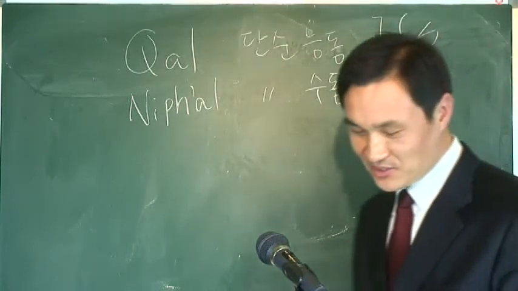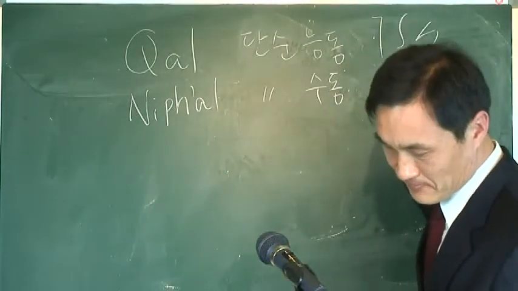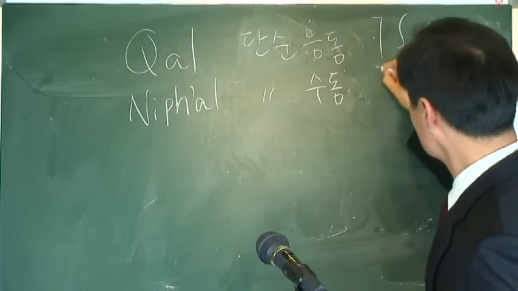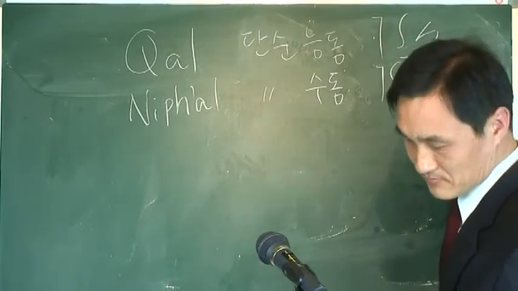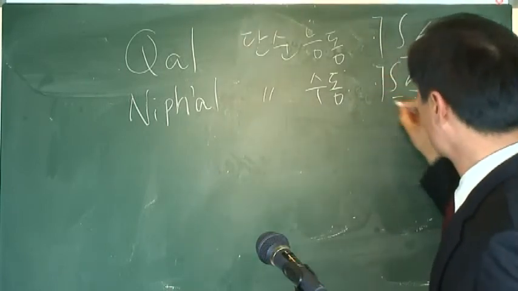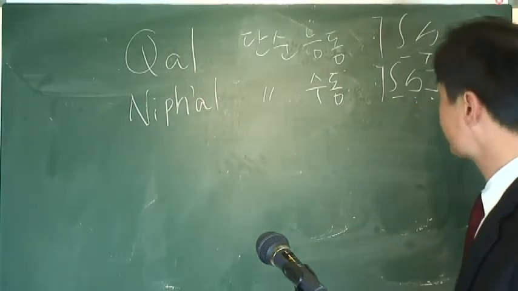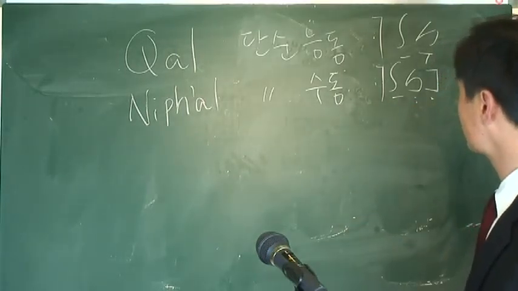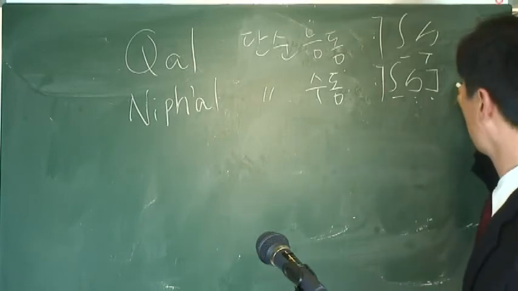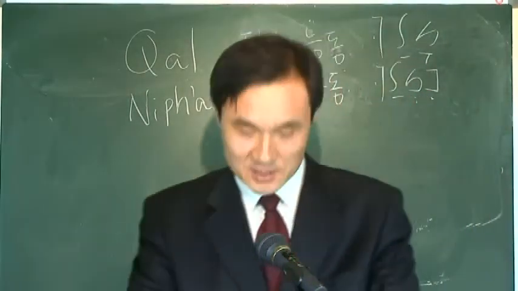If Malak was he ruled, then it would be he was ruled in the nifal stem. In Hebrew, it would become nimlak when nun is added. It means he was ruled.